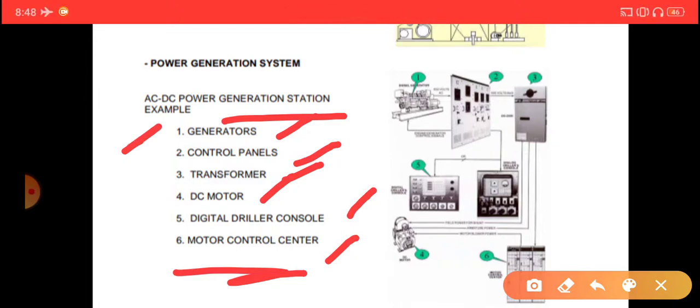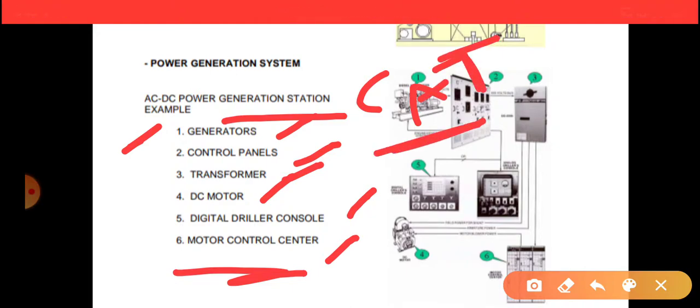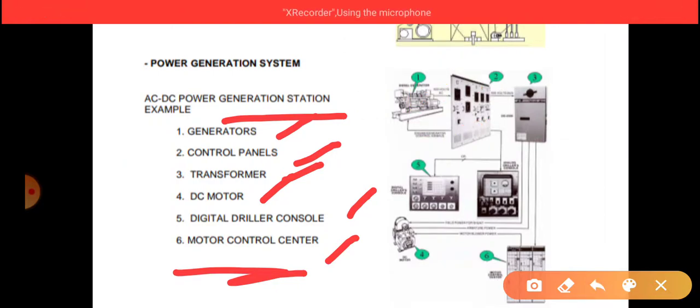The purpose of the generator is to generate electricity. In some rigs they use companies like CAT; depending on company standards, they purchase the generators. Those are the diesel engines, and from them they make connections and then generate electricity.